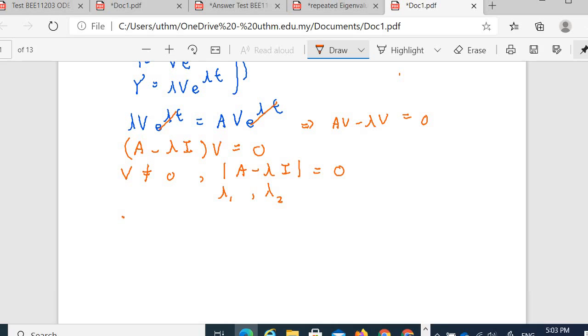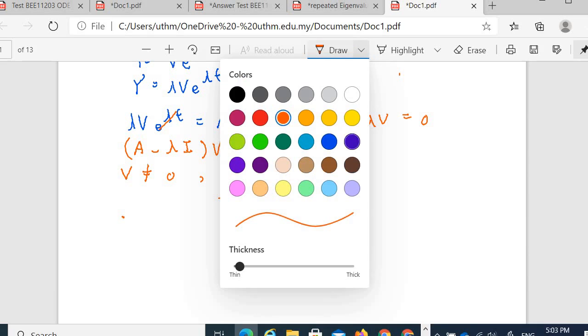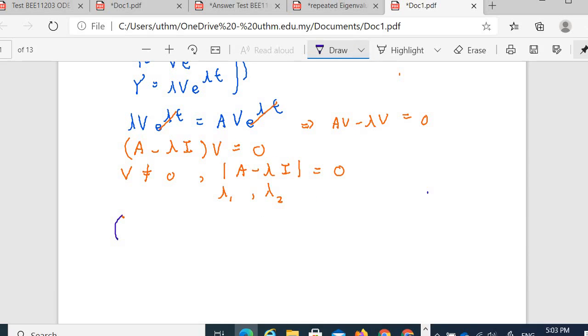For example, we have this one. We are going to solve y prime equal to [1, -1; 1, 3] y.